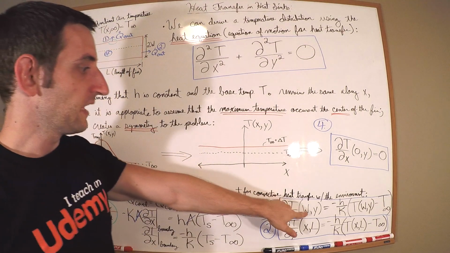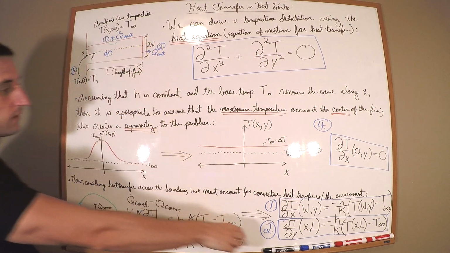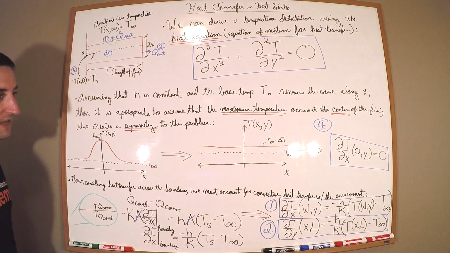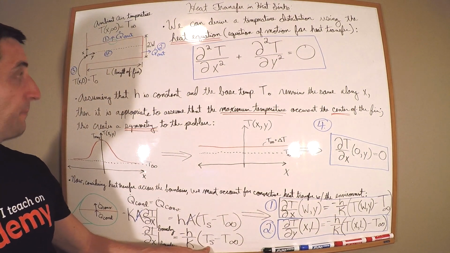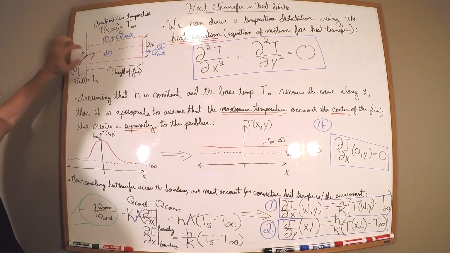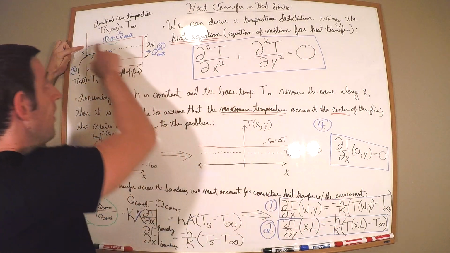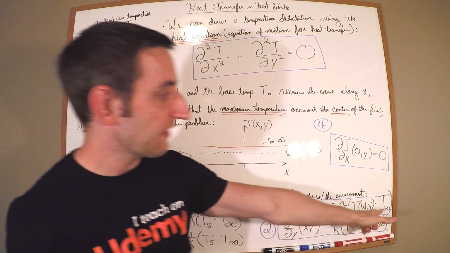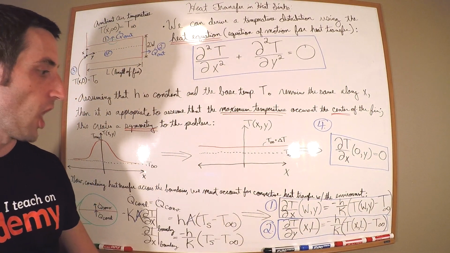So x equals w. And all along y, we're going to have this condition. So we leave that as a variable. Okay? So that gets set equal to h over k, same guy. The surface temperature has to be along that surface, x equals w, and it's all along y. And you subtract that ambient temperature. Boom! Another boundary condition done.